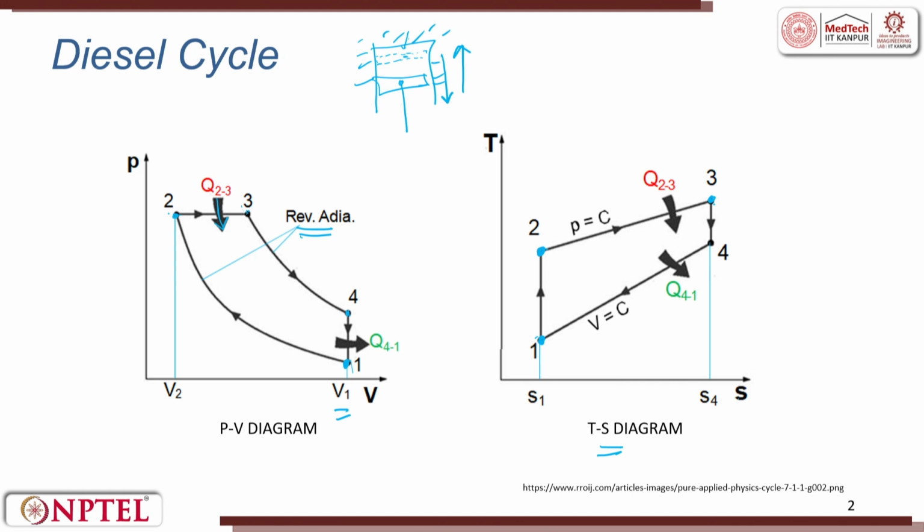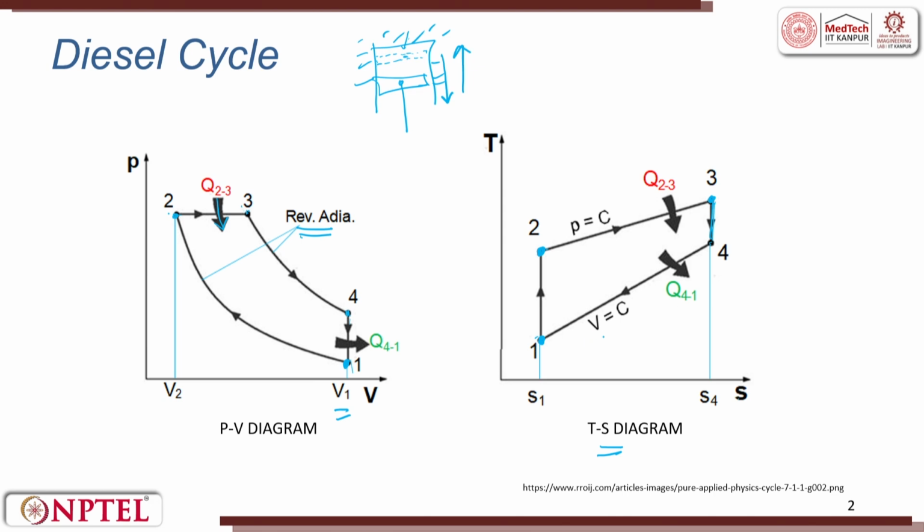Then from 3 to 4, when there is an expansion happening, the entropy remains constant.